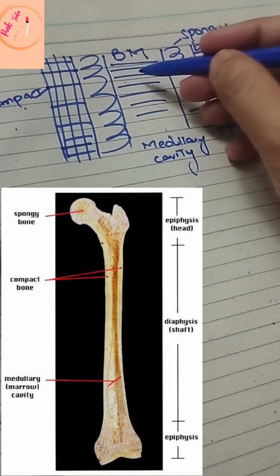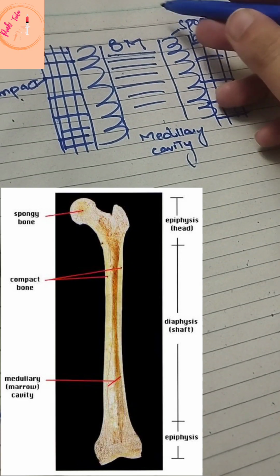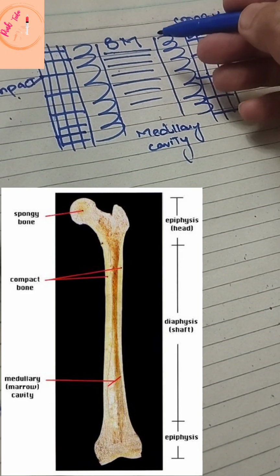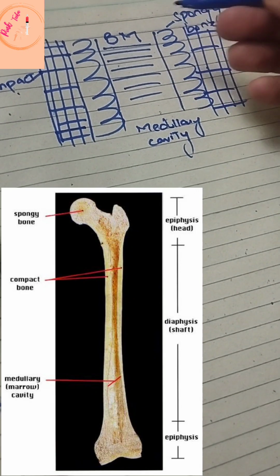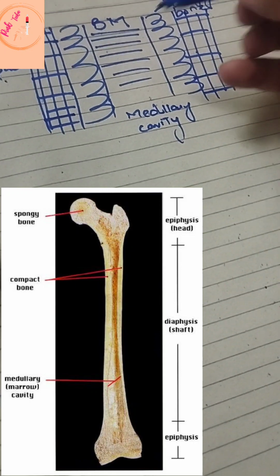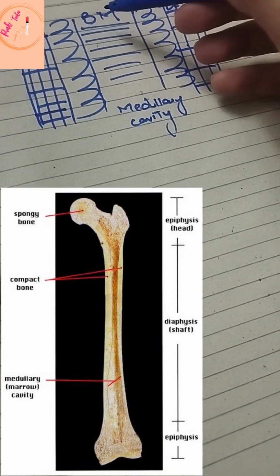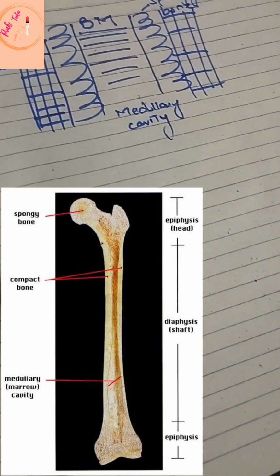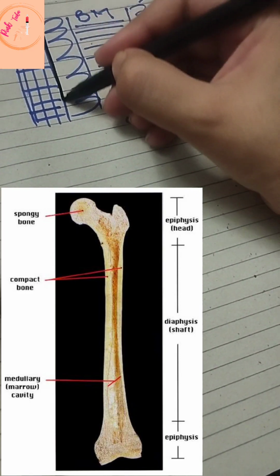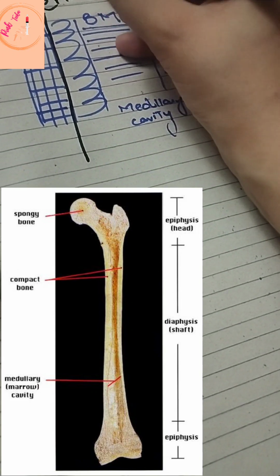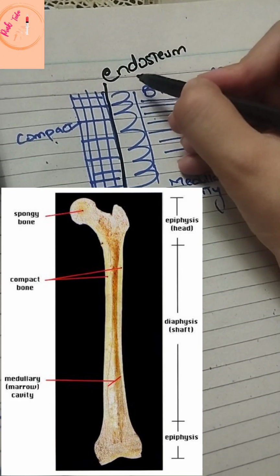Now what you need to remember is that the center of the bone has medullary cavity, which contains bone marrow, which might be inert, as in yellow, or red, which causes hematopoiesis. In other terms, it produces all types of blood cells. Then you have the spongy bone, and the spongy bone is lined by a layer of connective tissue, which is called the endosteum.